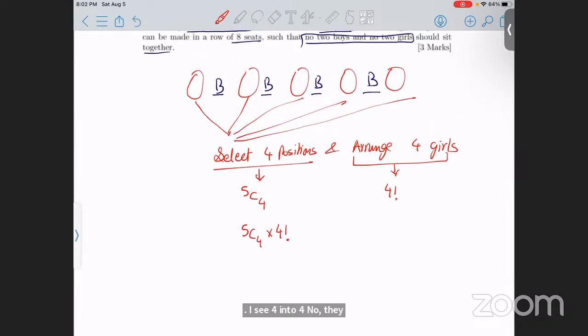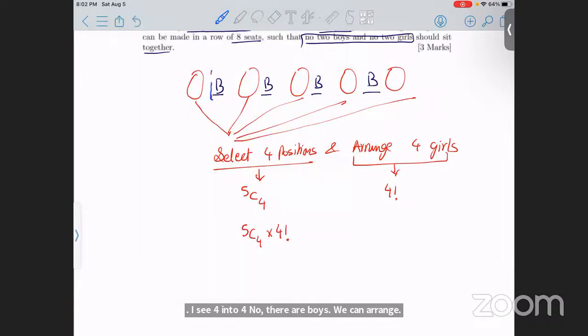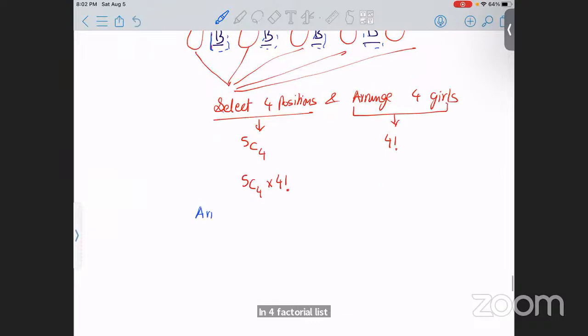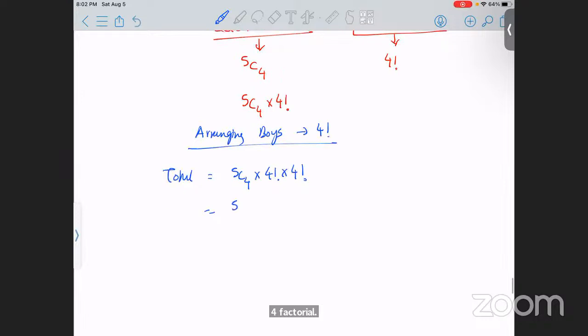We can arrange boys also in 4 factorial ways. So the total is 5C4 into 4 factorial into 4 factorial, which is 5 into 4 factorial whole square.